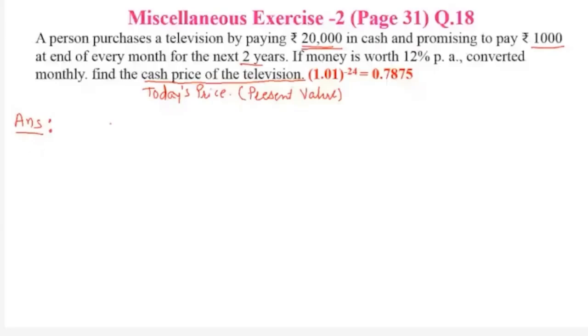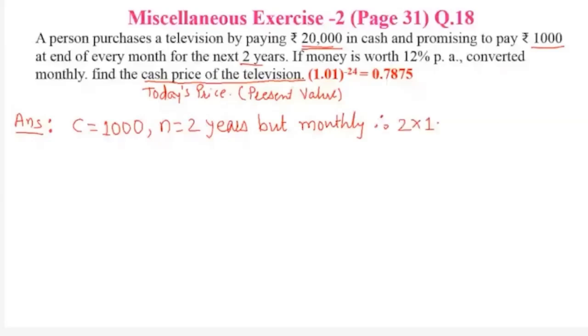For calculate this 20,000 keep it aside, वो बाद में लगेगा डाउन पेमेंट. C कितना है? How much is C? C is 1,000. N is 2 years, but N is 2 years. But what? Monthly. Therefore, 2 multiplied by 12, 24 months.